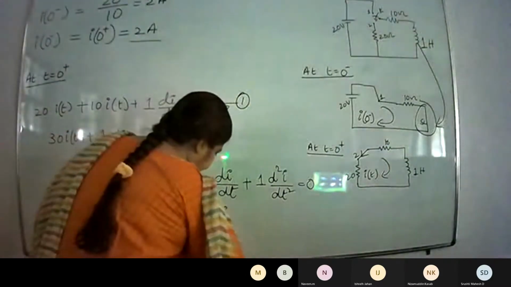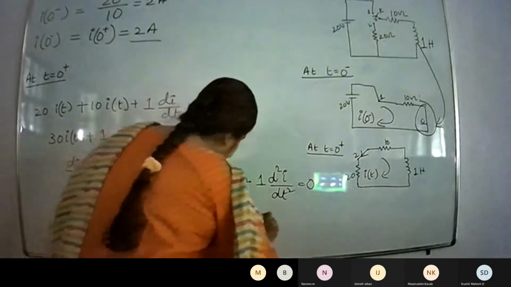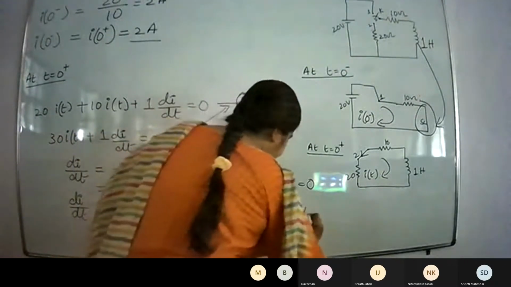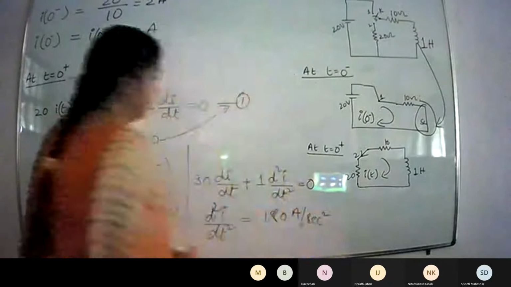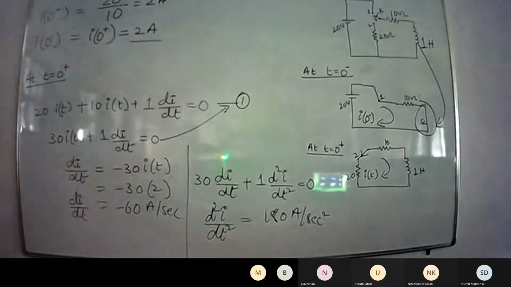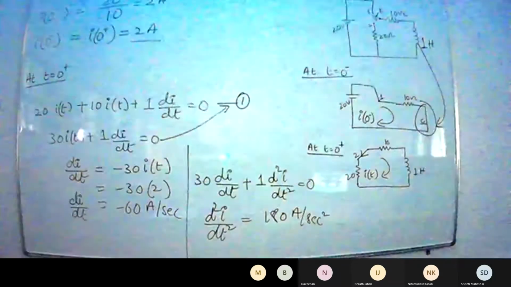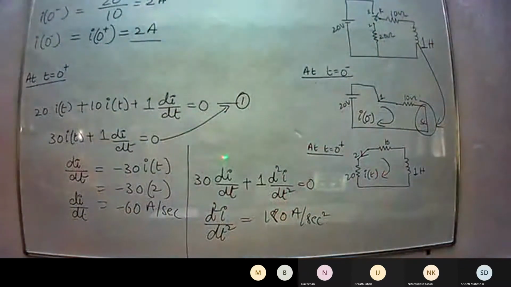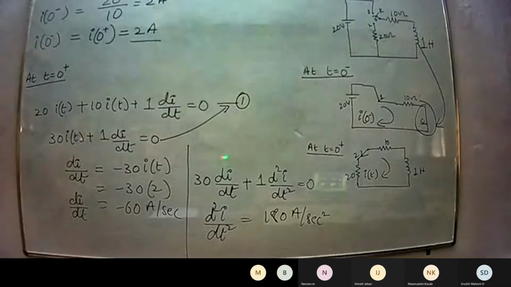So d square I by dt square is equal to 180 ampere per second square. So this is I and its derivatives, the first problem here. Getting it?